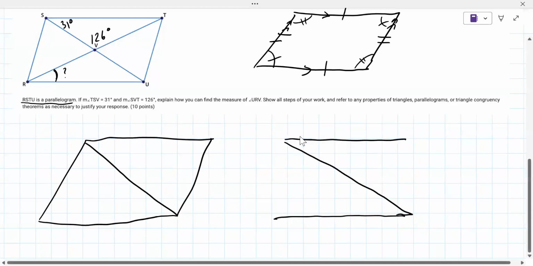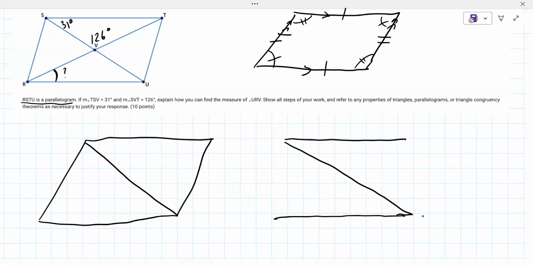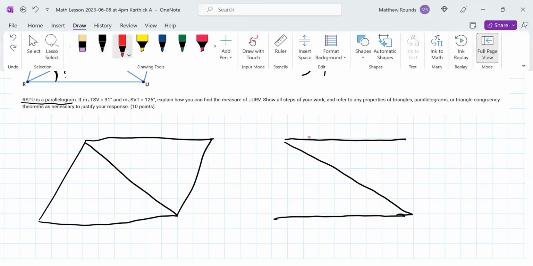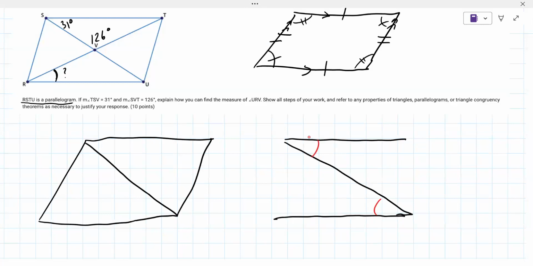Between the two parallel lines, and the other side would also be. So what do we know about the angles in red? That's alternate interior, and they're congruent. In terms of your triangle, that means that one's 31 degrees.